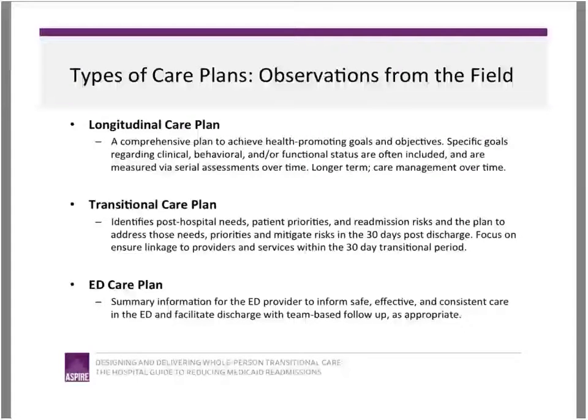The transitional care plan would really be focused on addressing needs in the post-hospital time period, most likely that 30-day time period, during which the transitional care worker of whichever discipline would be working with the patient to effectively address and link the patient back into post-acute or community-based services so as to avoid a readmission. Finally, we're seeing emerging this care plan, which I'll call the ED care plan.